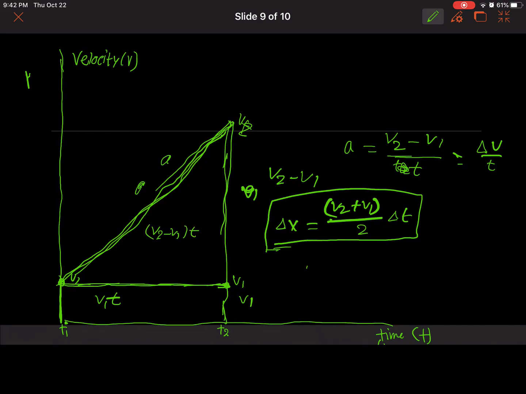And we know that acceleration equals v2 minus v1 over time. So if we multiply each side by t, then you get a t equals v2 minus v1.